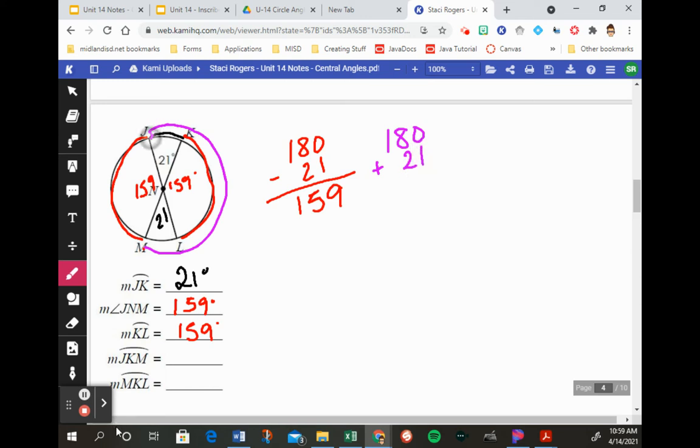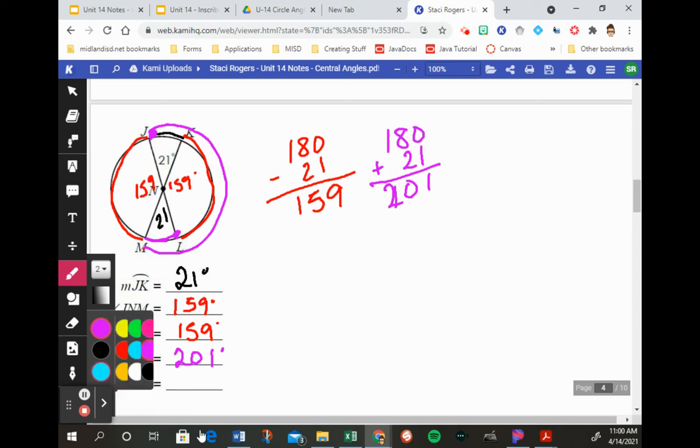Do you see where it's starting right here? That's 180 degrees, plus a little bit more is 21. So that's 201. Is that right? Yep. 201 degrees.